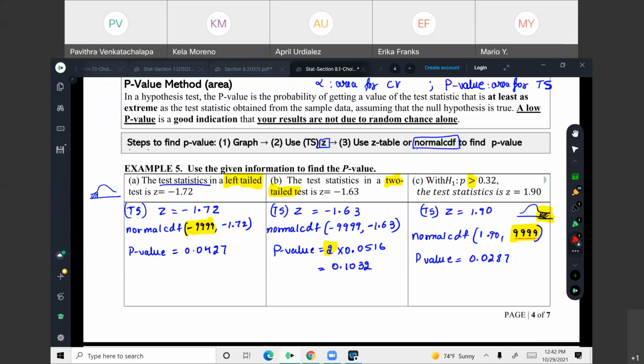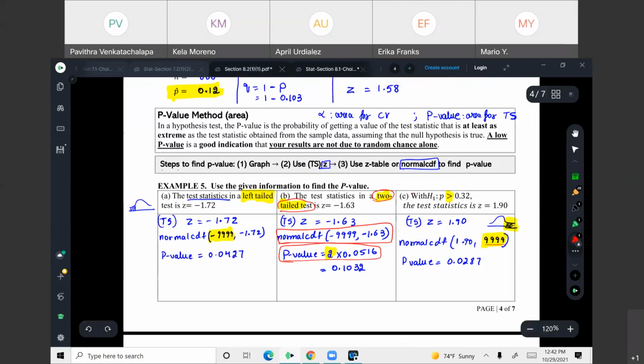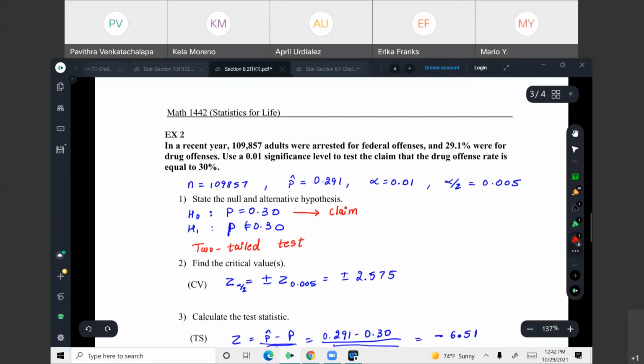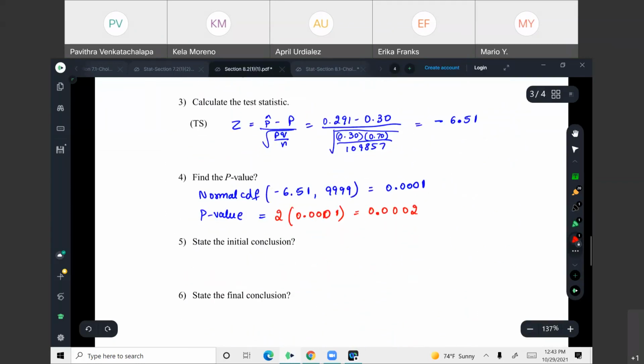Okay, got it. Yes. And for a two-tailed test, we calculated Normalcdf, and then we double the p-value, whichever we get. That is for two-tailed. So this is what we did in section 8.1. Now, that's the same thing we are going to do here.